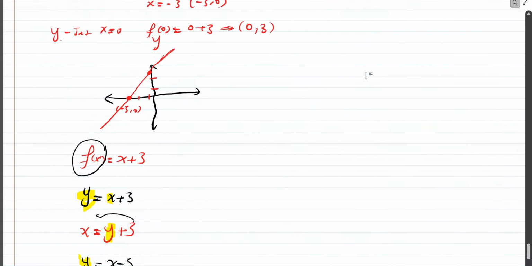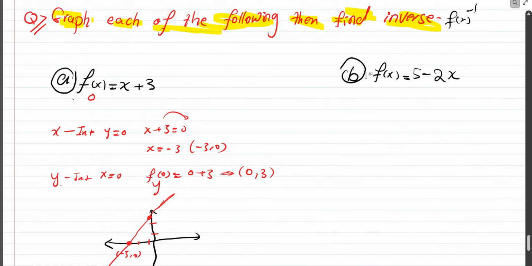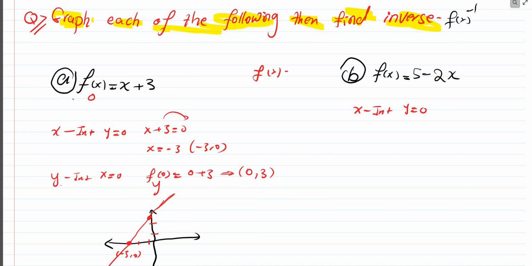Let's solve the other one also. So the other question is b. If we want to graph, again, we can use the intercepts. For the x-intercept, y equals 0. Students, by the way, f of x is equal to y. F of x and y have the same meaning. So when y equals 0, it means f of x is 0, so we will get 5 minus 2x equals 0.